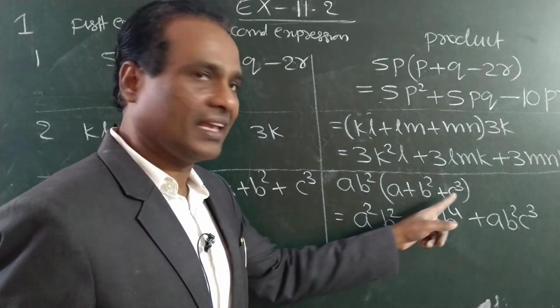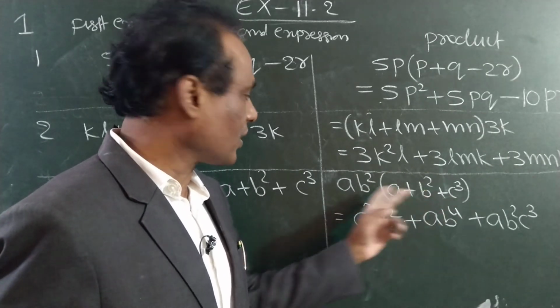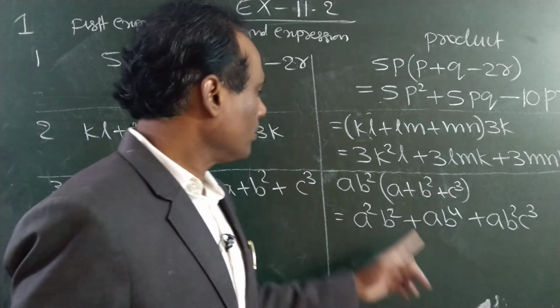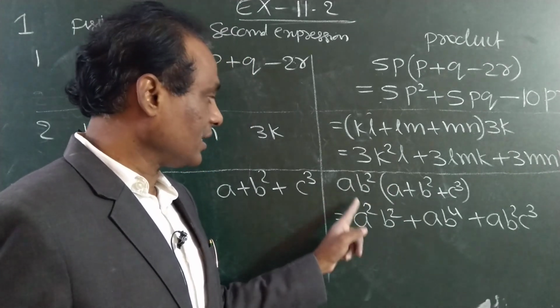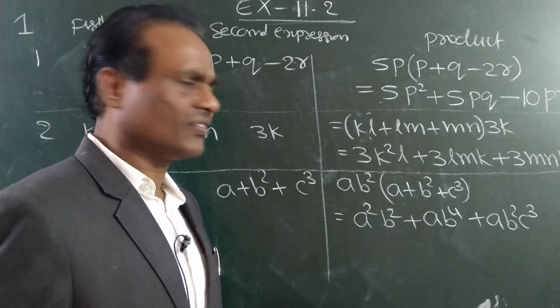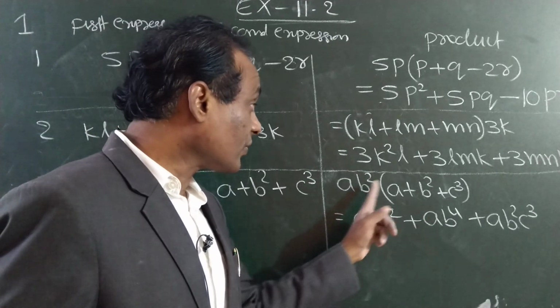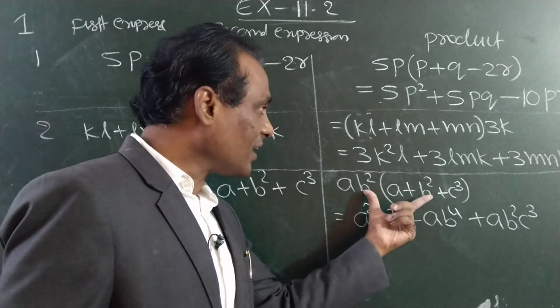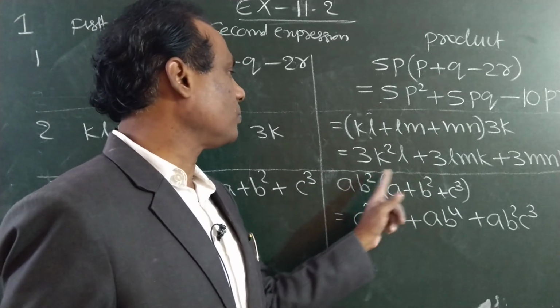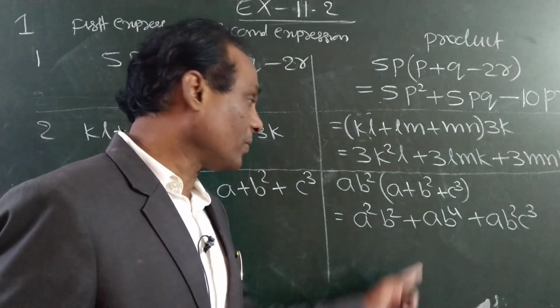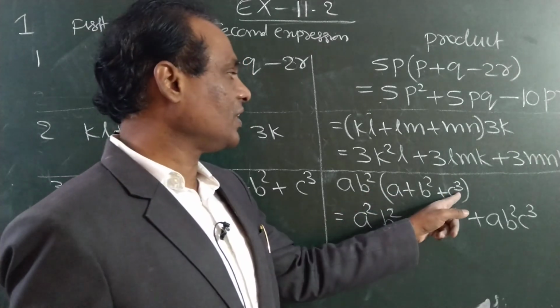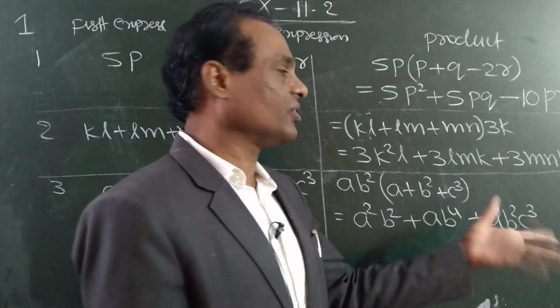This is not A, this is not B. But here we are simplifying. A into A is A square. I wrote B square as it is. B square into B square is same base, so we can add the powers, B power 4. But B square into C cube is B square C cube only. That's all.